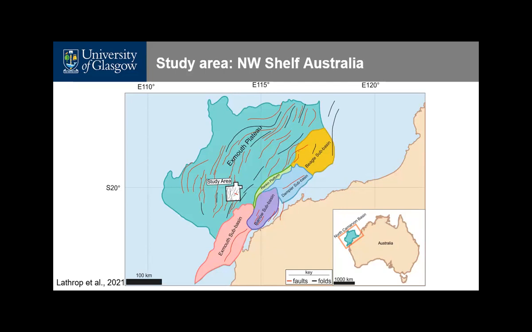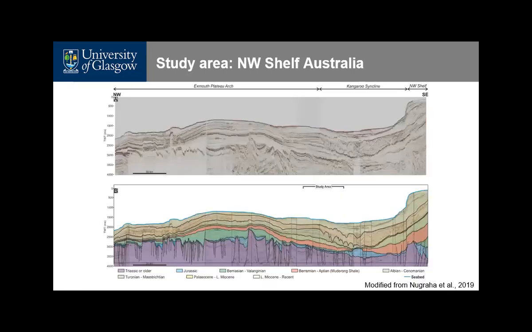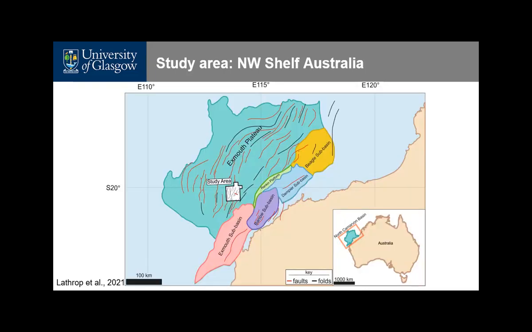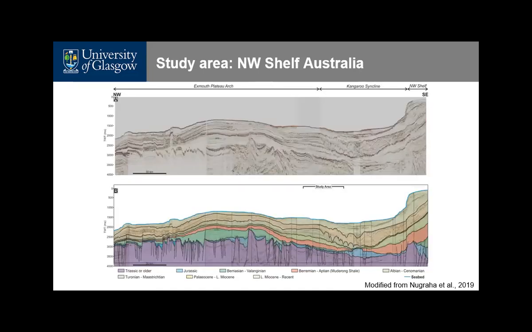So this is the full area. I was focused on the study area right here in the Exmouth Plateau. And here is some overall seismic data of the entire area, and it's going kind of like this. So we can start to get our eye in.